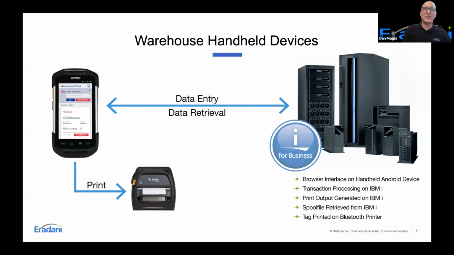Now it's an Angular application talking to their IBMI. And what's really interesting is they actually are pulling down spool files from the IBMI and printing them to a locally attached Zebra printer that's attached via Bluetooth. So you get all of that happening just by using these API connections to the IBMI.